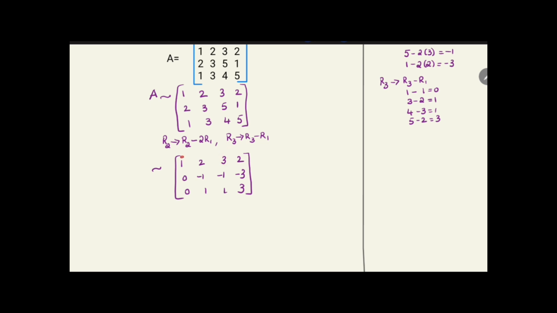Next, if I multiply by 2 and subtract from this, I can make this element 0. Now let's see the operations: C2 implies C2 minus 2C1, C3 implies C3 minus 3C1, and the next one is C4 implies C4 minus 2C1.